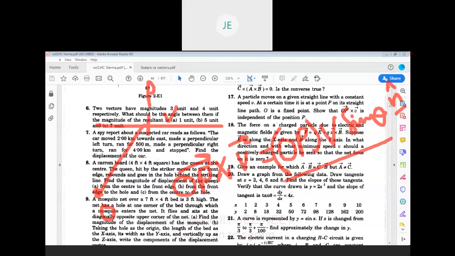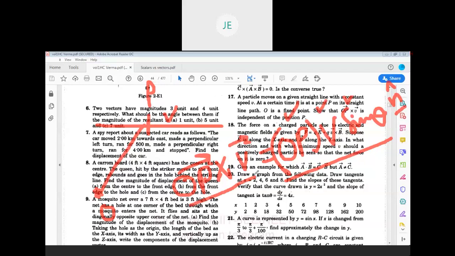In order to show that OP cross V is independent, that means OP cross V should be always constant, irrespective of the position. So if OP is constant, V is constant, sin theta is constant, then total OP cross V is constant.